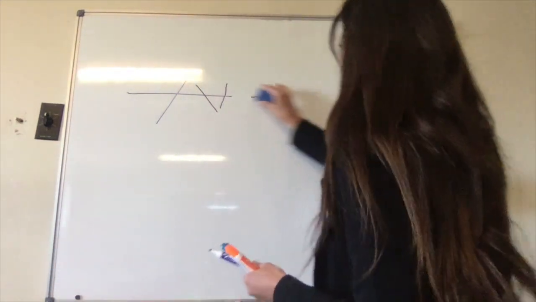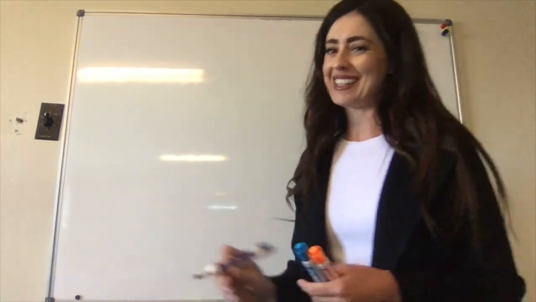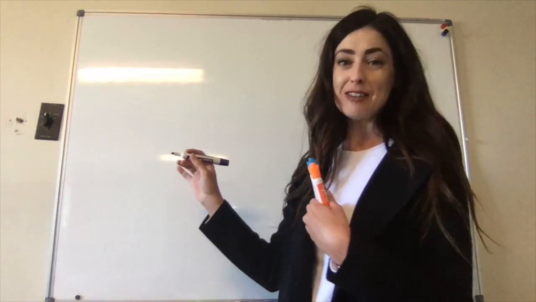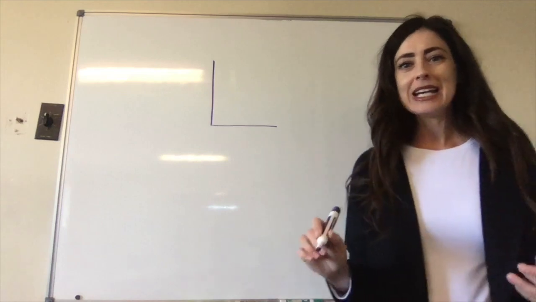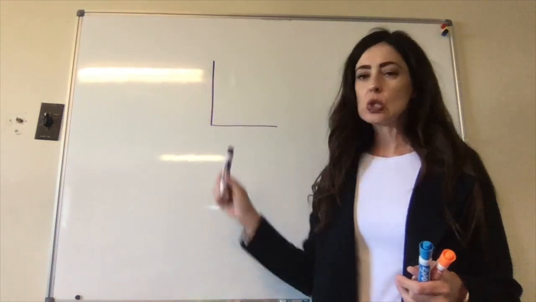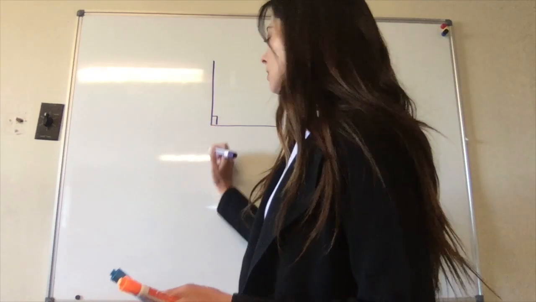And now, what is the definition of a right angle? Well, if it's not a right angle, it's a wrong angle. Right angles are my favorite. So a right angle, think about an L, okay? So a right angle is where 2 lines meet at what we call a 90-degree angle, okay?